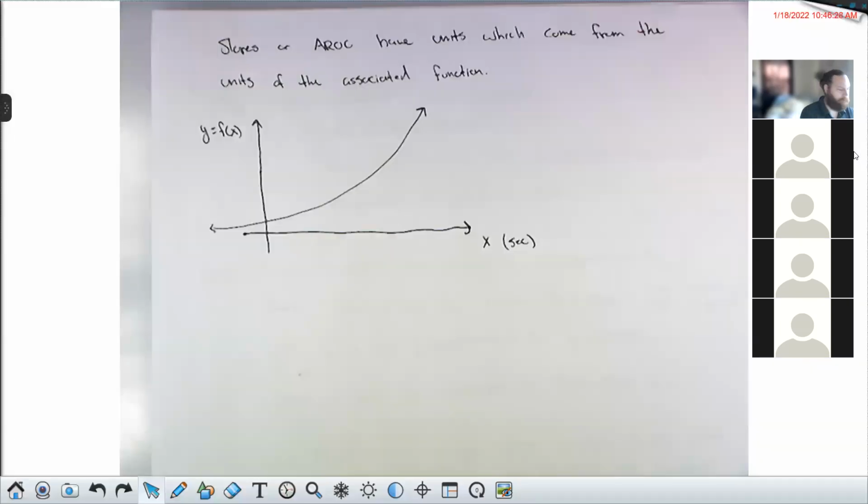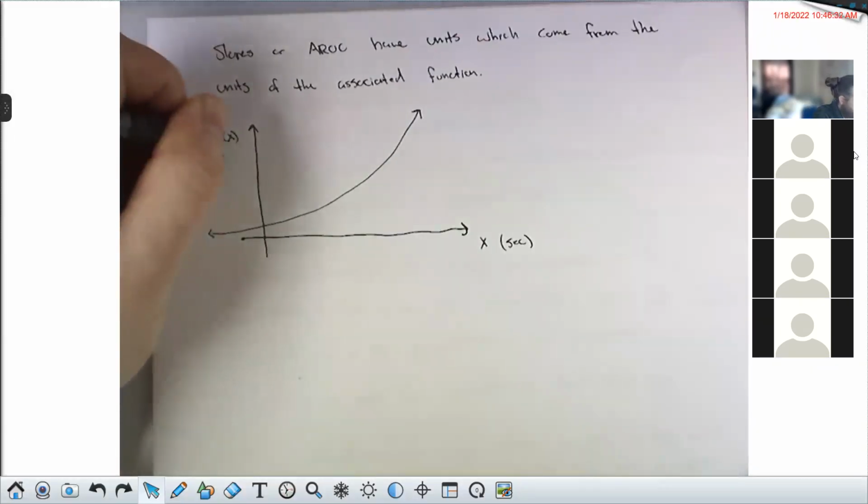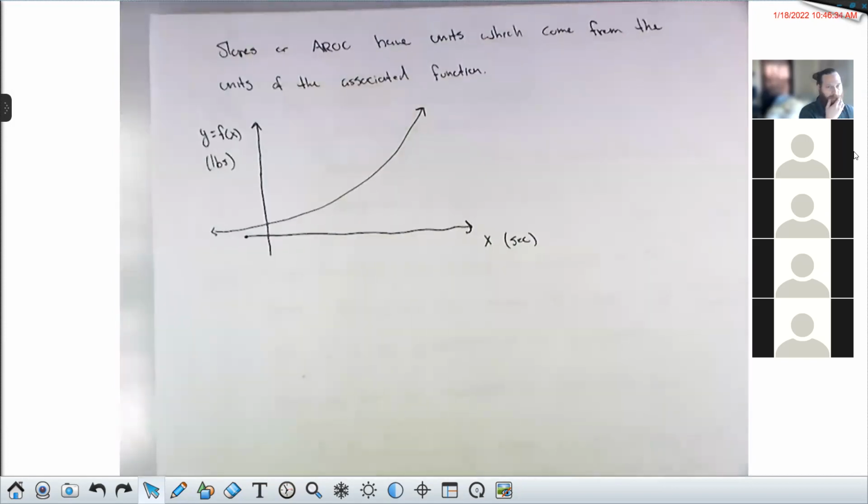Okay, sure. So the output of my function is measured in pounds. The input of my function is measured in seconds. Those are the units associated with each of those. So each y value here is a weight in pounds, and each x value here is a time in seconds.